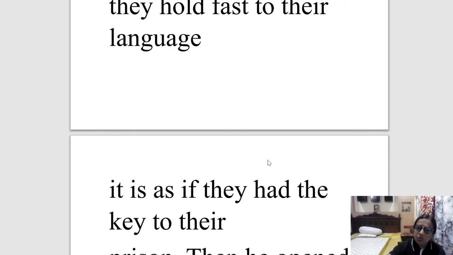So in this way, there were so many movements, and of course, there were many authors, poets, writers. They all used to write in their own language, and that language of Indians, what did it help them to do? That way, they got the freedom. So here, M. Hamel is also telling that when the people will know their own language, that will be the key to their prison, to their imprisonment as slaves. That way only they can fight for their own country. All the Frenchmen can come together and they can fight back for their own country.